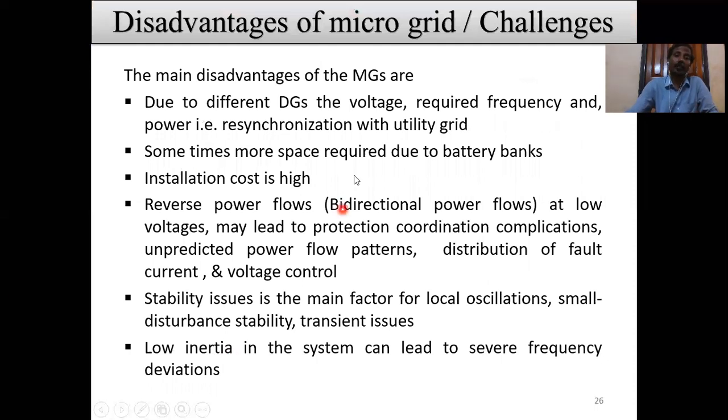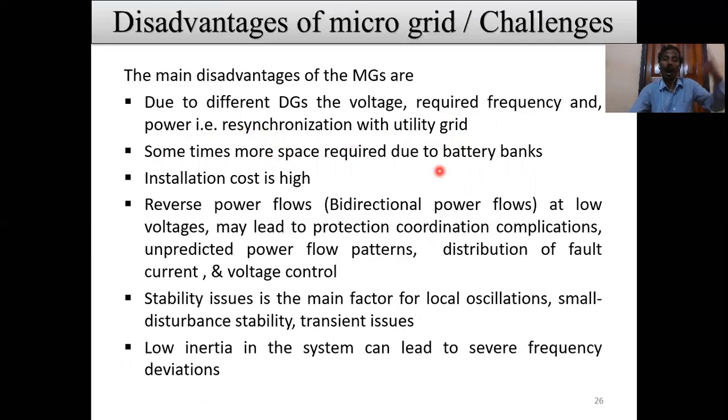And what is the disadvantage of a microgrid? There are many disadvantages, but here we discuss the main ones. Due to differences in voltage, frequency, and power, resynchronization with the utility grid is required. Second, sometimes more space is required due to the battery bank.